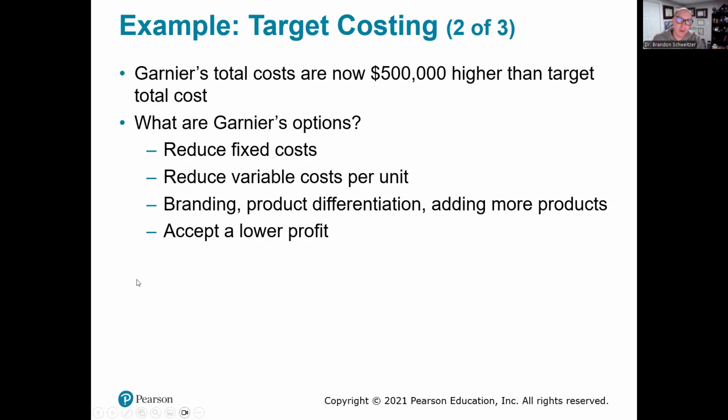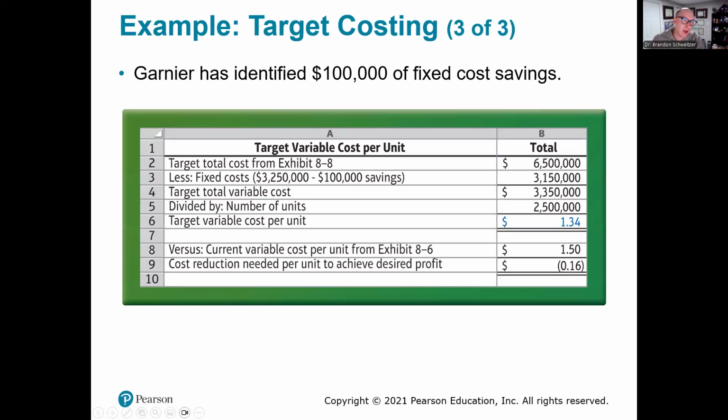And so the company has identified that we can save about 100,000 in fixed costs. And so we just subtract that out from our fixed costs. We'll take our target total cost minus our fixed costs, which include the 100,000 savings, at 3,150,000, getting us a target total variable cost of 3,350,000.